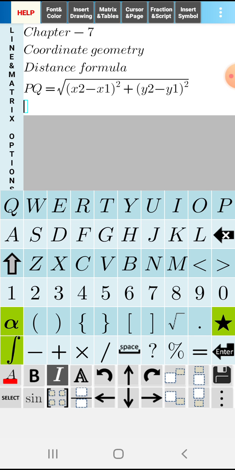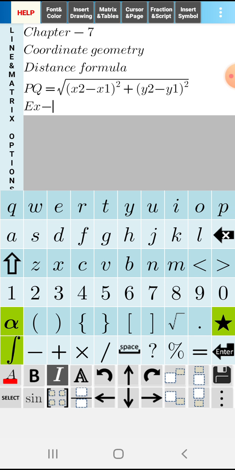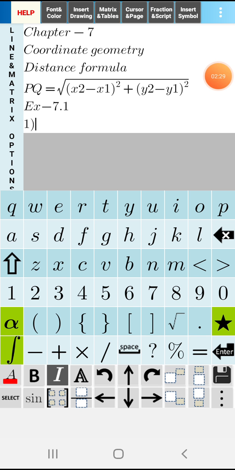So let's come to the first exercise, that is exercise 7.1. The first question is, we have to find the distance between the pairs.